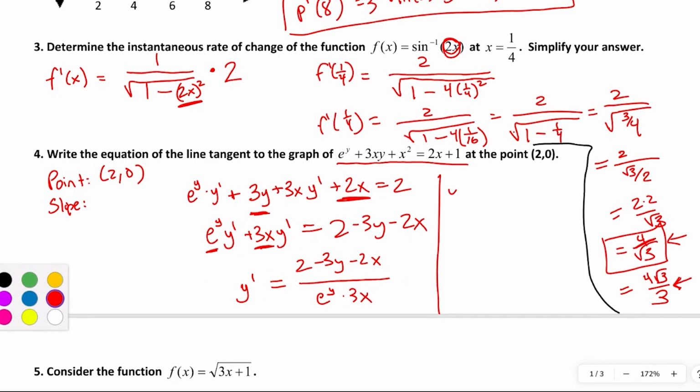Now I want to evaluate y prime at 2 comma 0. So I get 2 minus 2 times 0 was just 0, minus 2 times 2 is 4, over e to the 0 is 1, times 3 times 2 is 6. So this is going to equal negative 2 over 6, or negative 1/3.